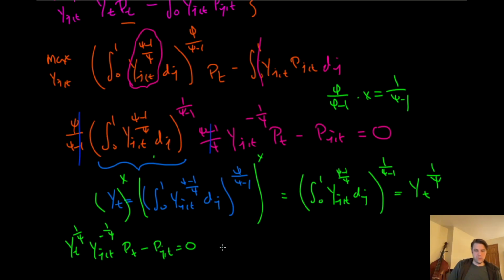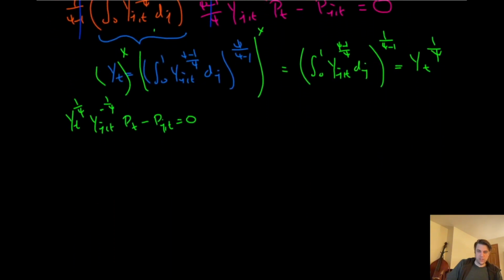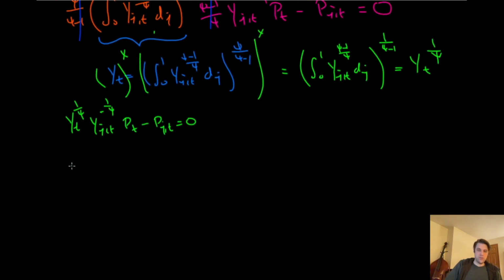And we want to solve for factor demand. So the thing that we want to get is yjt, because that's the input factor that we're trying to solve for. So let's move pjt and pt over, and yt. So we'll get yjt to the minus 1 over psi is equal to pjt divided by pt times yt to the minus 1 over psi.